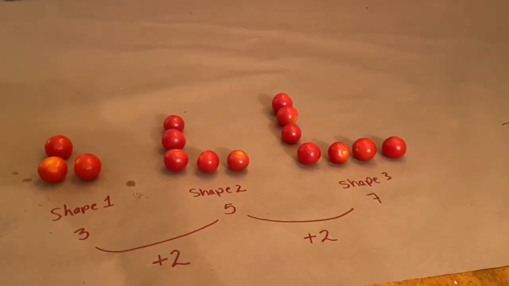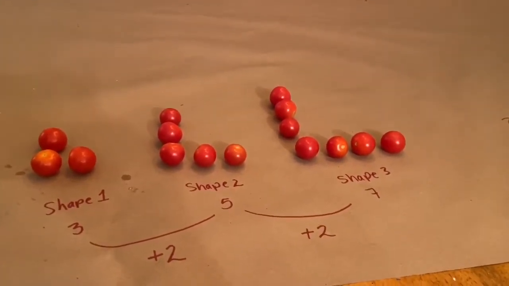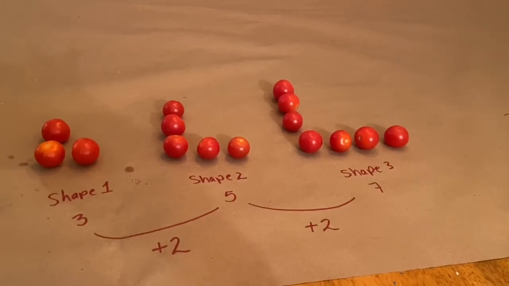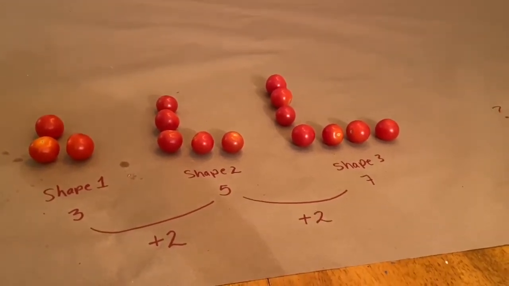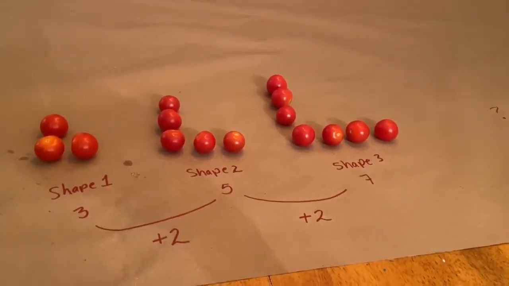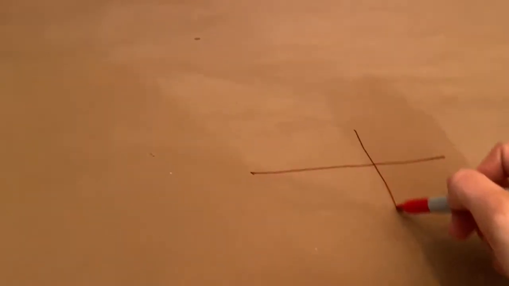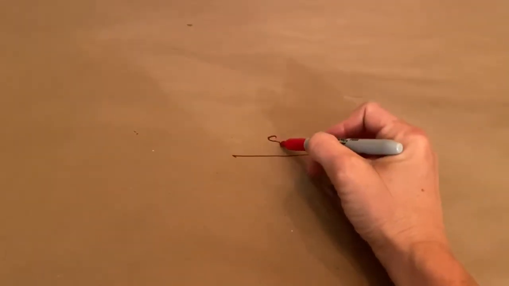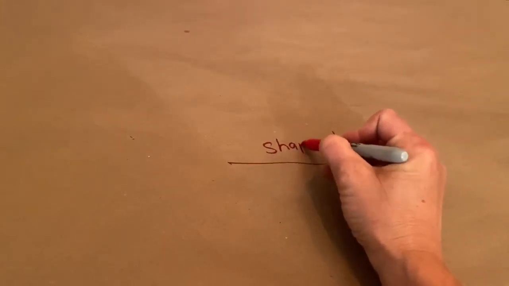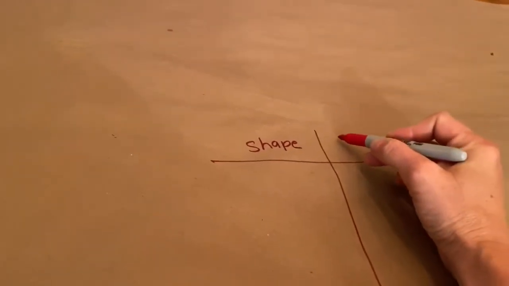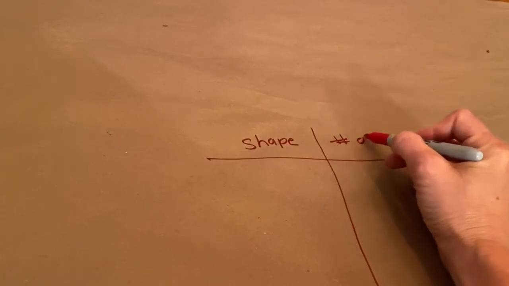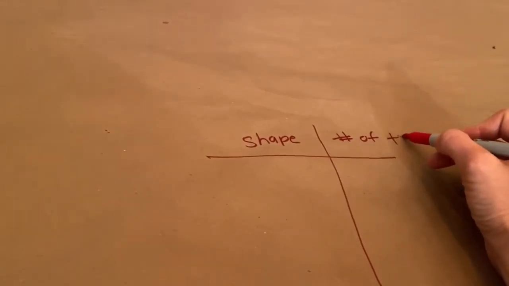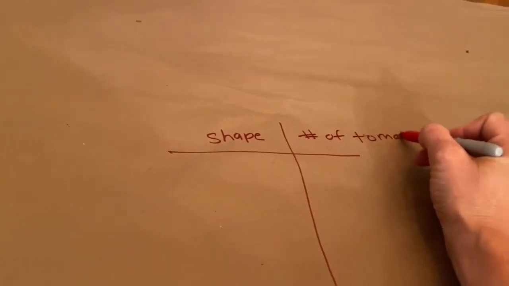Today in class, we learned that if we want to be organized, we put our information in a table of values. So that's what I'm going to do right now. We have our shapes, which are the letter L, and we have the number of tomatoes.